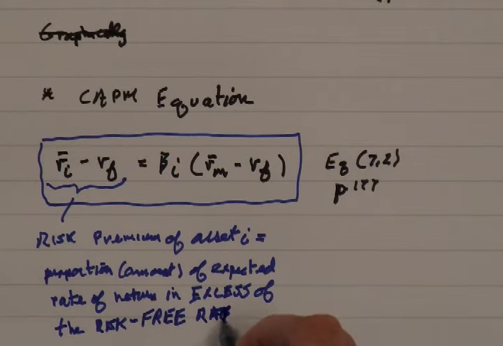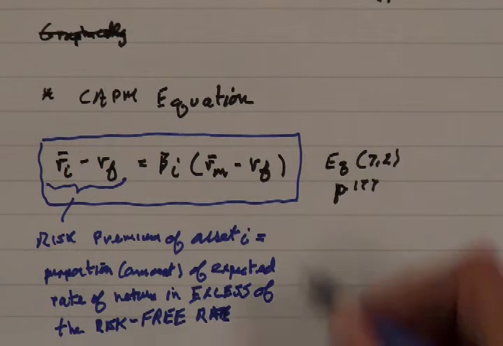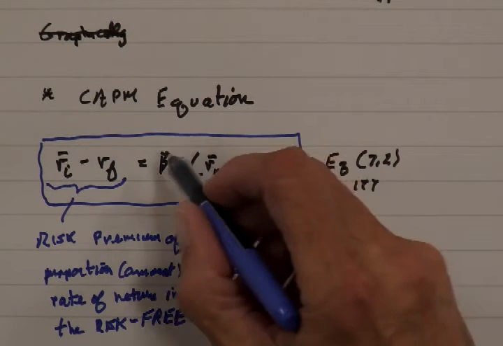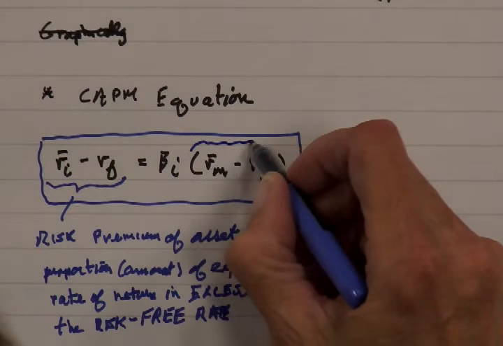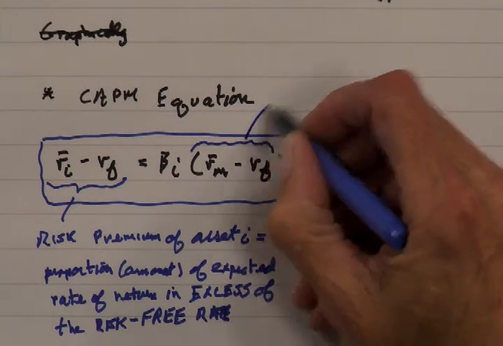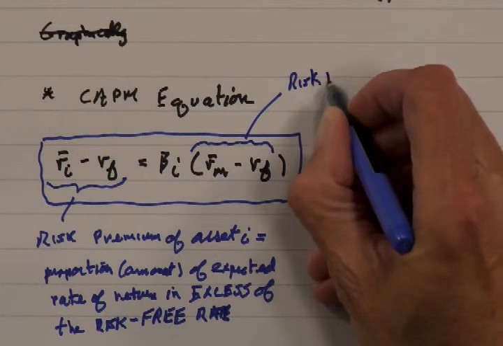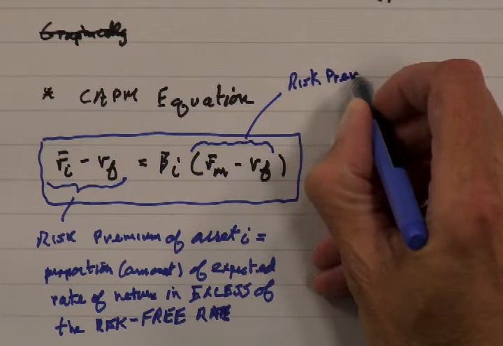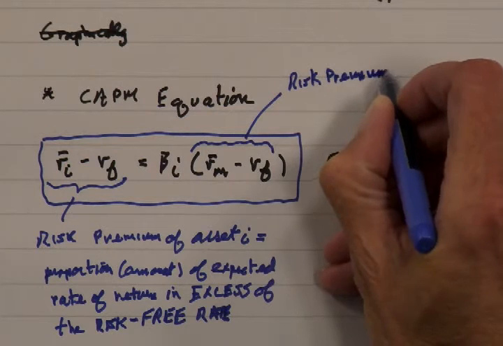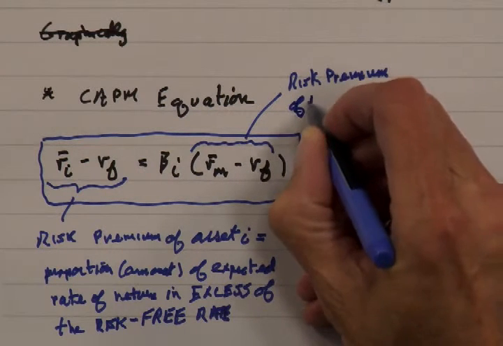Okay, so our risk premium is just what we get for bearing risk. And over here, on the right-hand side, we have the risk premium of the market portfolio.